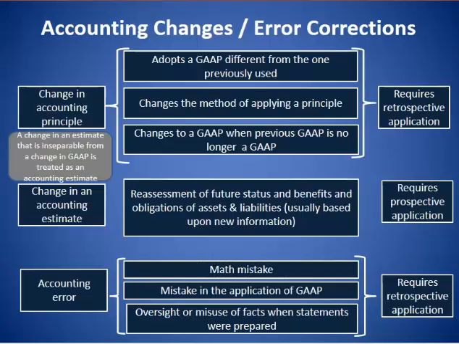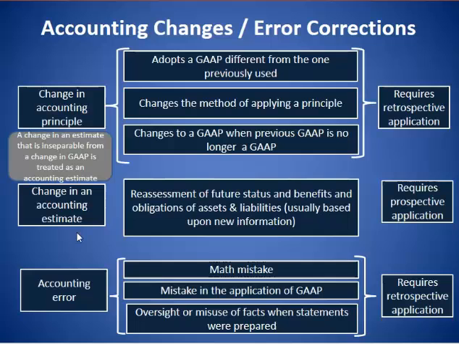Number three, changes to generally accepted accounting principles when the previous GAAP is no longer a generally accepted accounting principle. To summarize, a change in accounting principle requires the retrospective application of the change, and we'll get into that in more depth in the next slide.